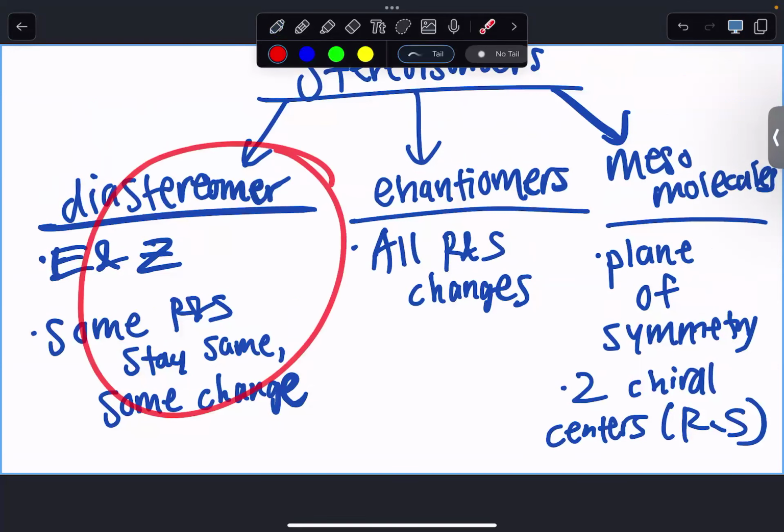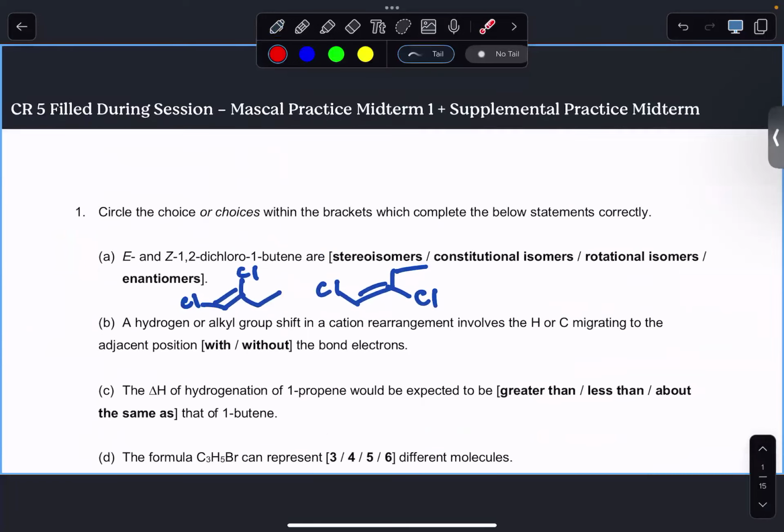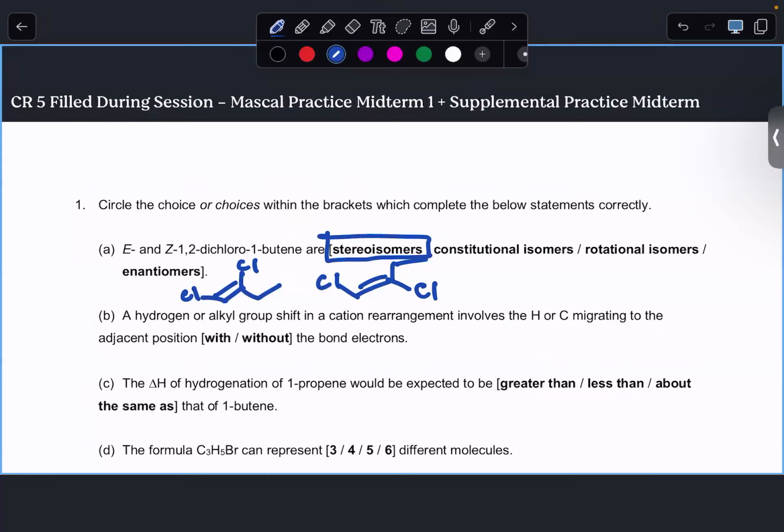It's more diastereomers for the E and Z for chapter 12, right? So since these are diastereomers, what would be the answer for part A? Yeah, stereoisomers, because that is the umbrella term for diastereomers. This is not enantiomers because there are no R and S here.